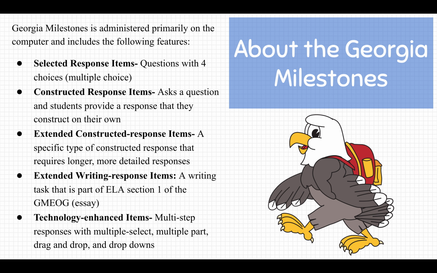There are extended constructed response items, and those are specific types of responses that require longer, more detailed responses. There are extended writing response items. So this is a writing task, and it's part of ELA Section 1 on the Milestones, and it is an essay type question that the students will type.